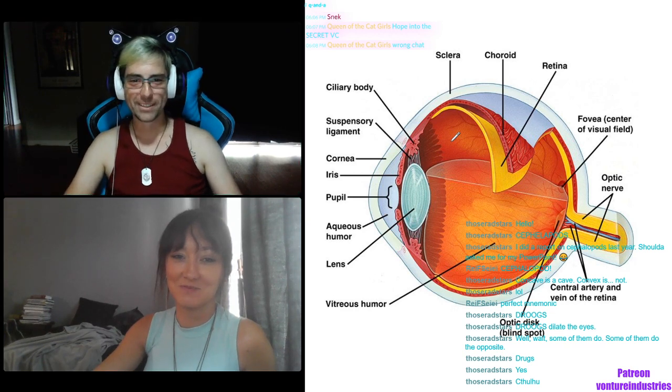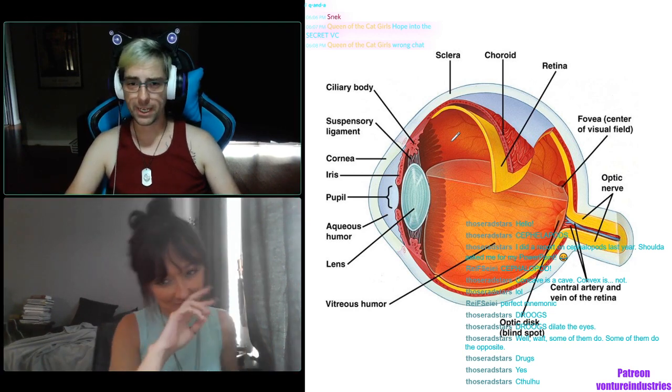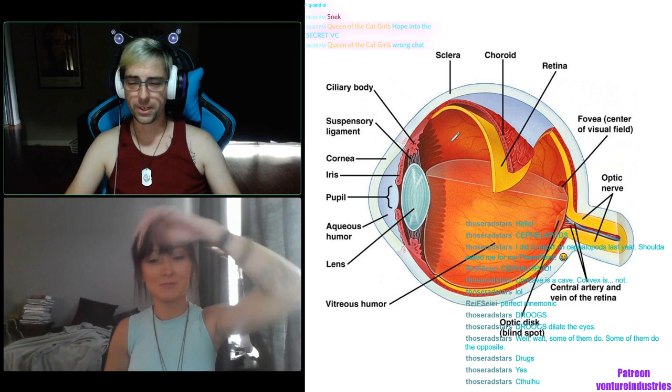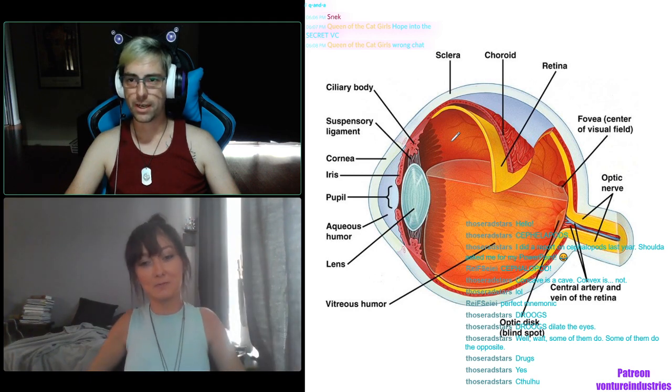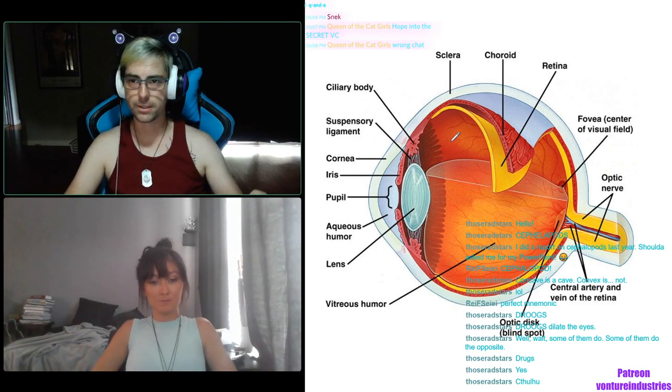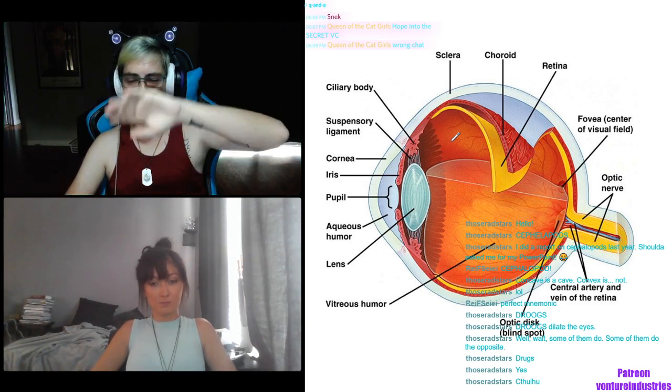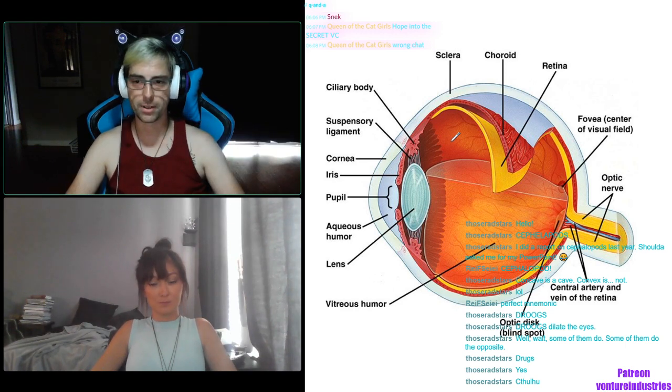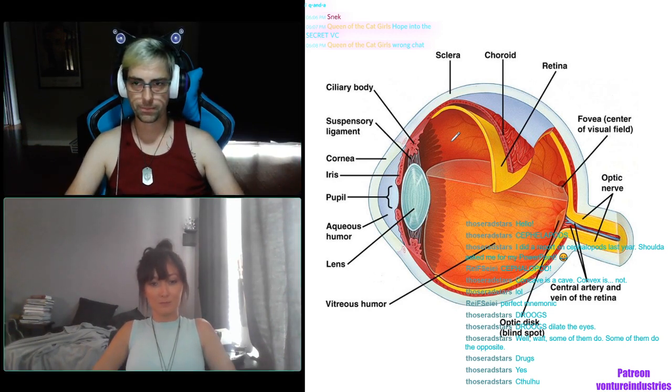Trepanning. Right. So anyway, aqueous humor, this time for real. It's water that you have in between your lens and the outside of the cornea, which is just like the clear lamination that you put around an eyeball so it doesn't go everywhere. That's right, kids. Your eyes are laminated. They are.